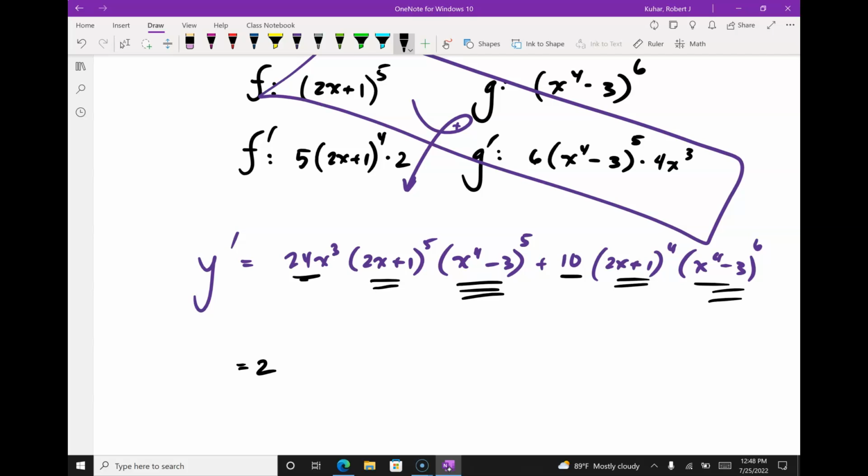Good. How many 2x plus 1s can I take out? I have to take out the smaller power, so I could take out 4 of them. And then how many x to the 4th minus 3 factors can I take out? 5. Right, because I look at my triple underline. I have 5, 1 power is 5, 1 power is 6. So I can take out 5. What's left over?